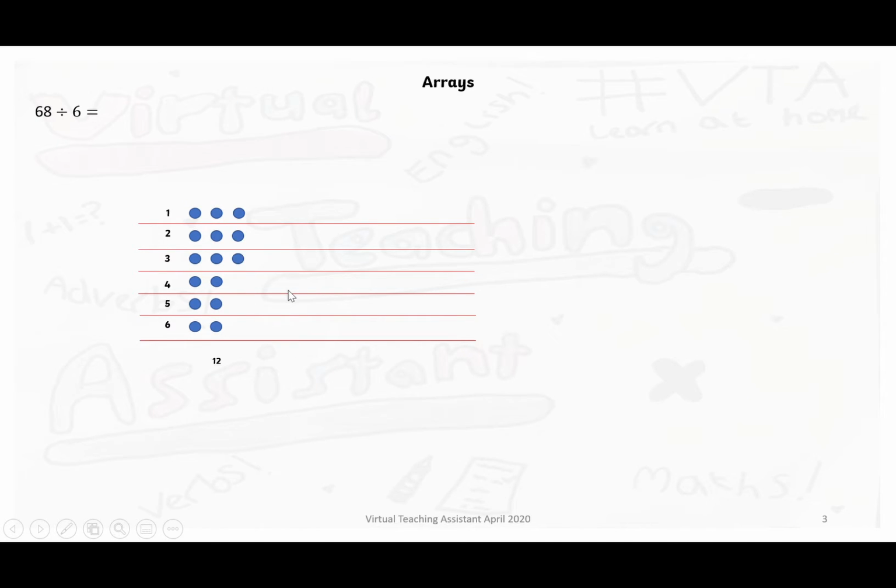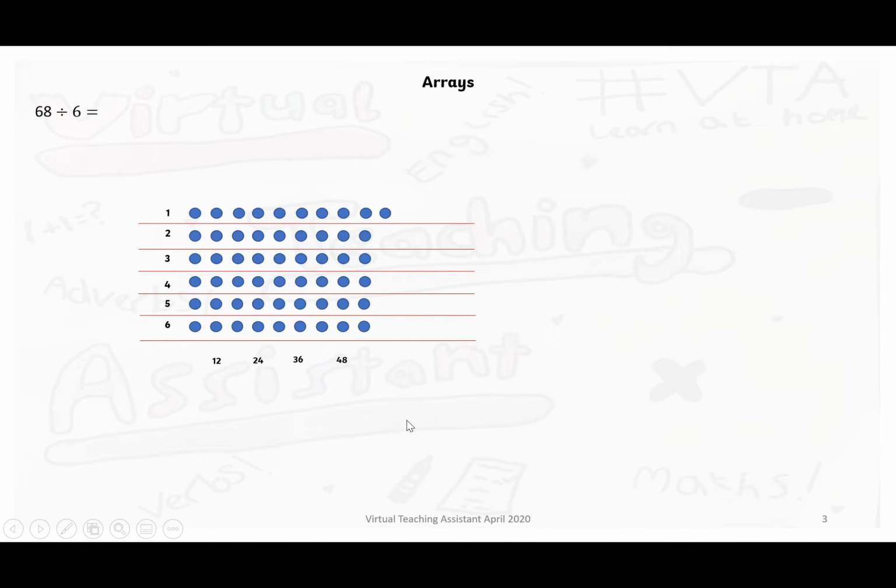So 13, 14, 15, 16, 17, 18, 19, 20, 21, 22, 23, 24, 25 and so on, counting up to 65, 66, 67, 68. Okay, so I've got 68 there.